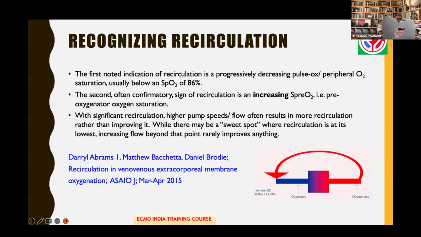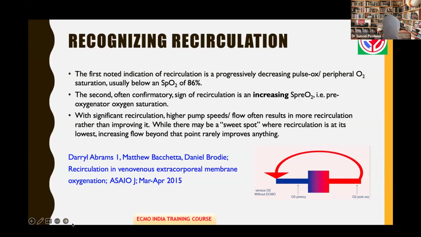And for recognizing the recirculation, if you look at the color of the tubes, the drainage cannulae, you can see one of them dark and one of them red generally. But in case of recirculation, you will lose this color differentiation. It's the same bright red blood circulating in both the return cannula as well as the drainage cannula.